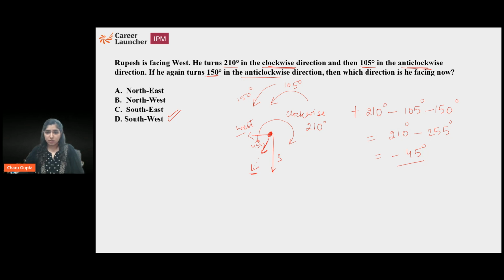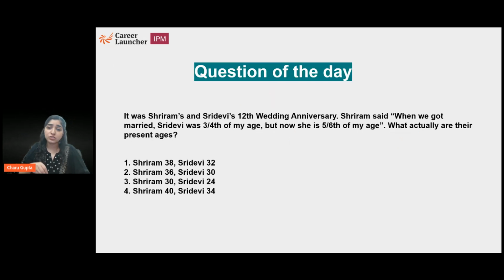Clear? Minus 45 degrees we got as the answer here. So negative we have associated with anti-clockwise. So from his initial position, he's now in the anti-clockwise direction at 45 degrees. Clear?